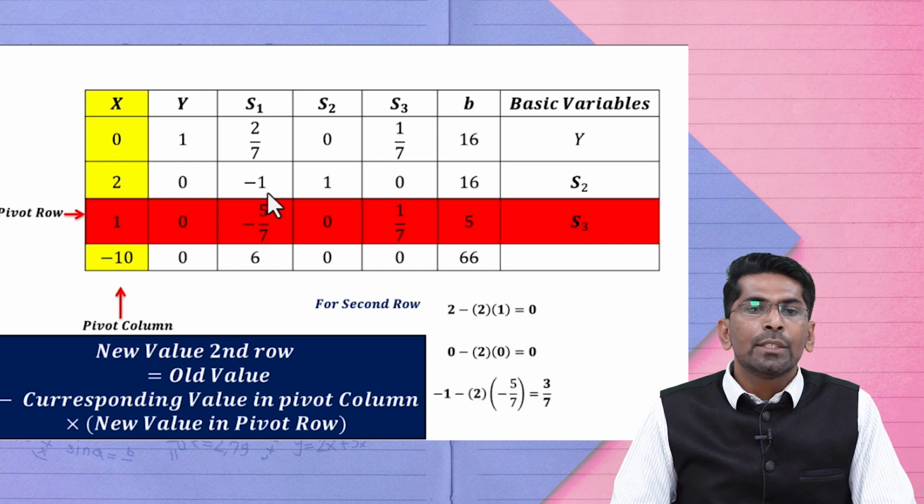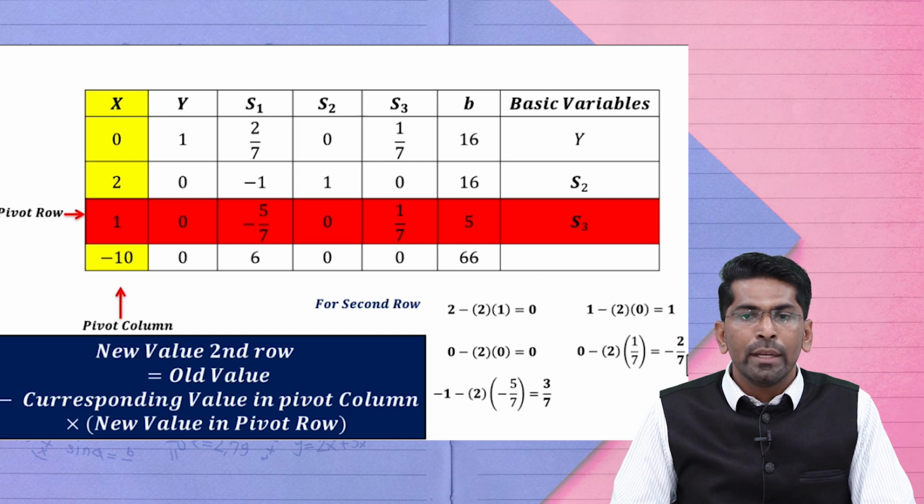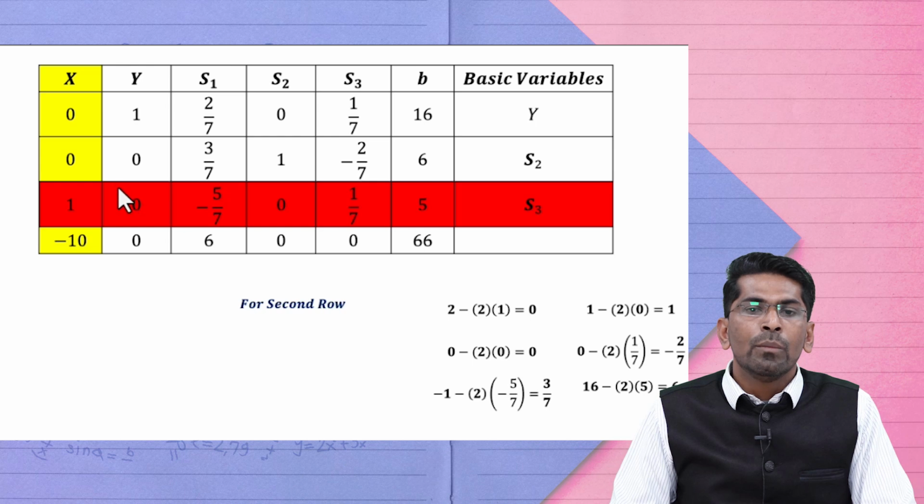Then the third one, minus 1 minus 2 into minus 5 by 7, is equal to 3 by 7. 1 minus 2 into 0 is equal to 1. Then 0 minus 2 into 1 by 7 is equal to 2 by 7. Then the last one, 16 minus 2 into the new value in the pivot row, which is 5, is equal to 6. So the second row I am going to replace with the new calculated values. So it will become 0, 0, 3 by 7, 1, minus 2 by 7, 6.